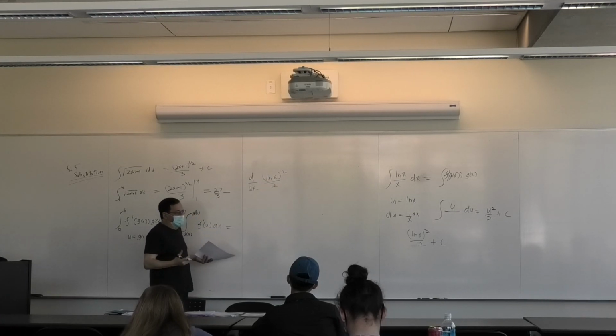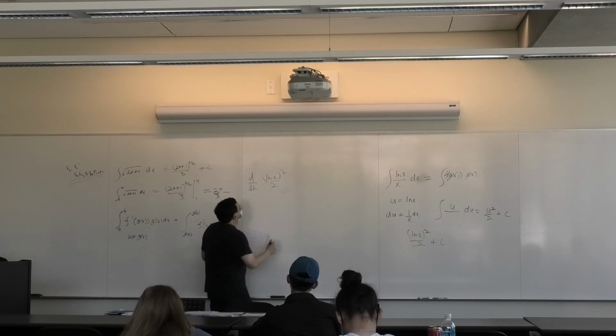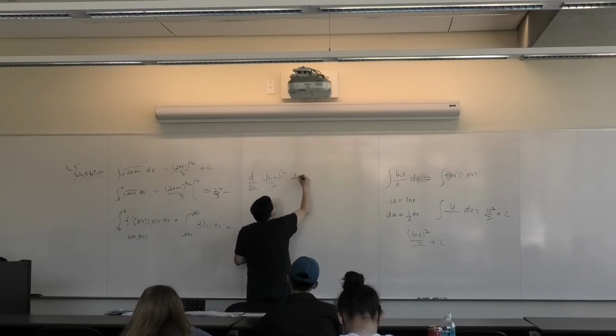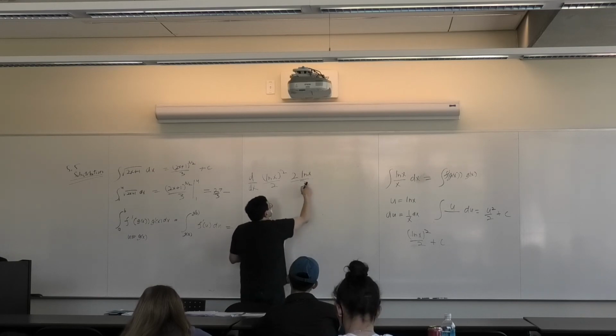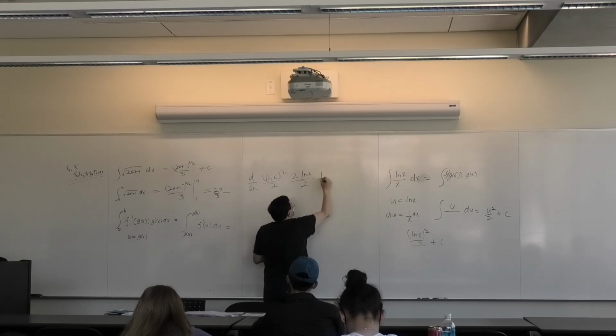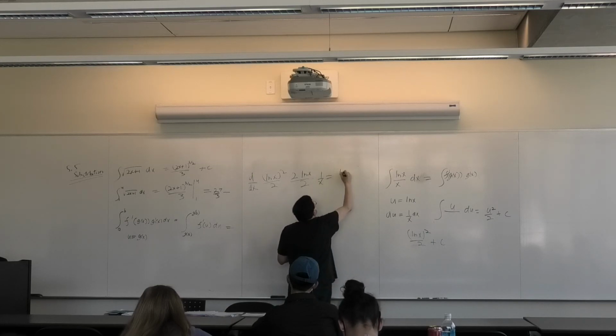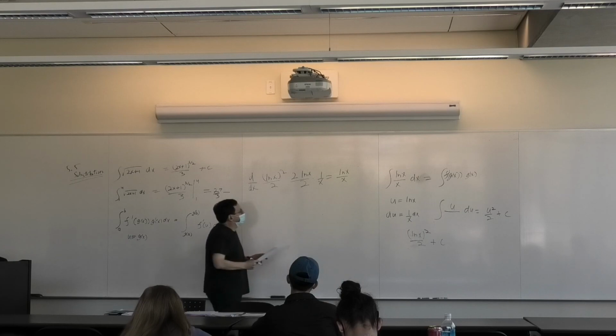Well, this is just the basic chain rule. 2 times log of x over 2 times the derivative of the log of x, which is 1 over x. So it's just what we wanted, log of x over x. Just like magic.